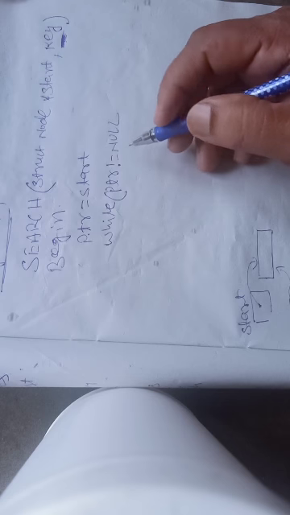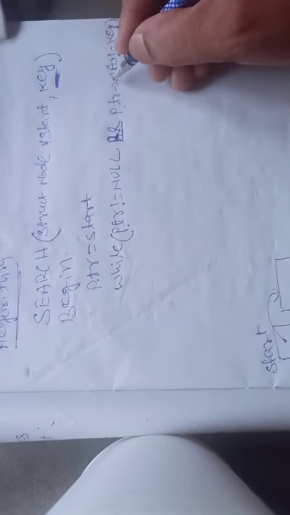Also, I'll use and, like this, double ampersand for and: ptr of info not equals to key.